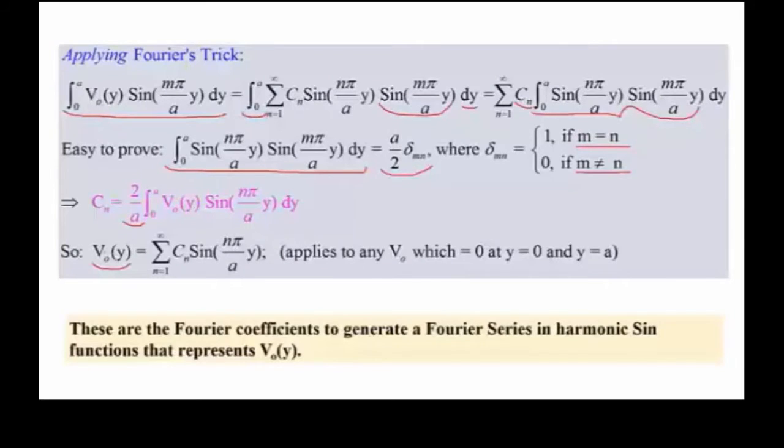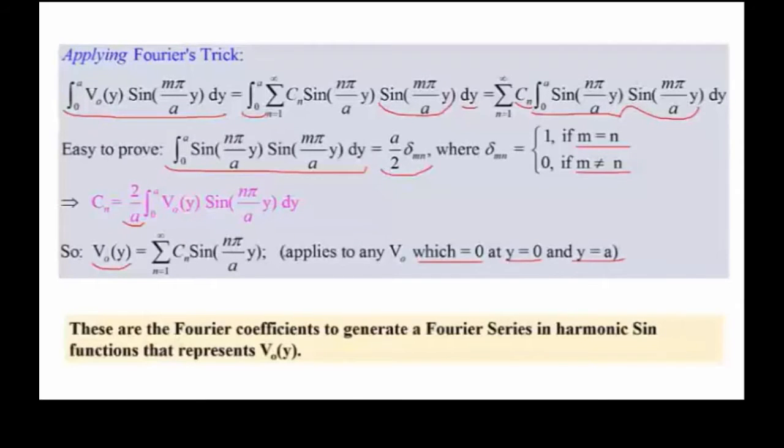Now, what we have is a function that is 0 at the endpoints. So at y equals 0 and y equals a, you get 0. That is a type of function where you only get the sine functions. Our boundary conditions took care of getting rid of cosine. I just want to emphasize that any function that starts at 0 and ends at 0 at y equals a can be represented by a sine Fourier series.